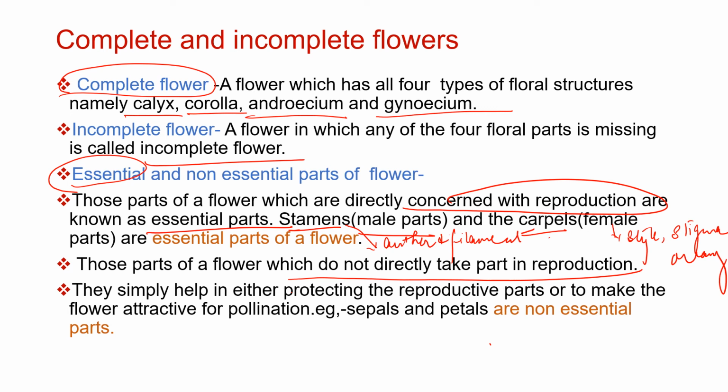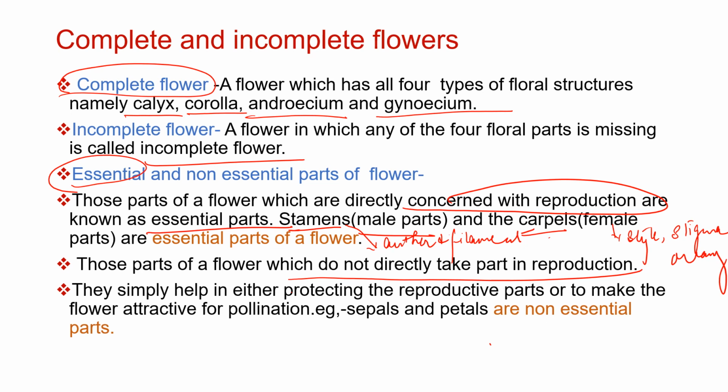Now this is the part which I wanted to teach you today, because this is the introductory part of the flower. Next we will come to the calyx, corolla, androecium and gynoecium in detail, which have many different parts. If I start that with this part, you will be confused. So later I will be uploading a second video with the complete structure of the parts of a flower.